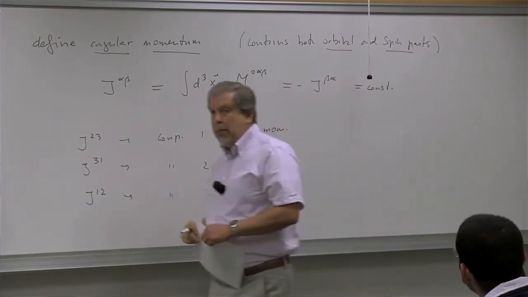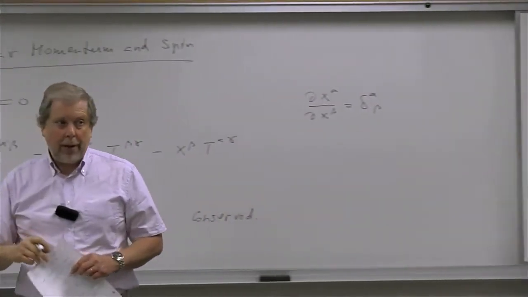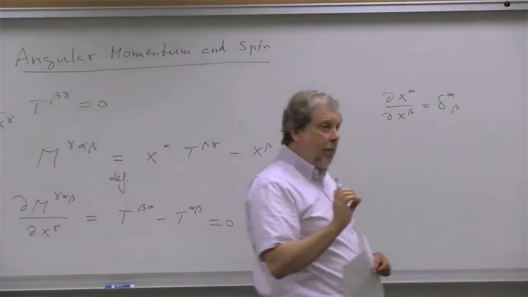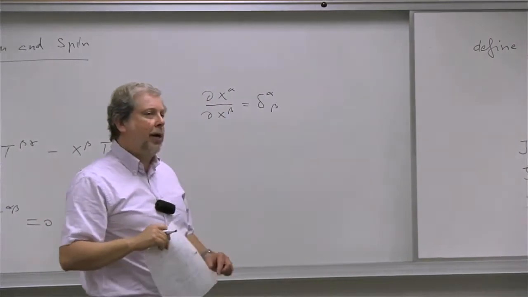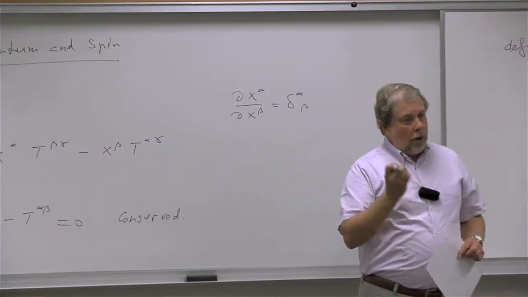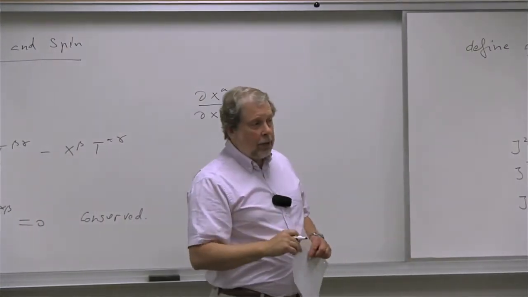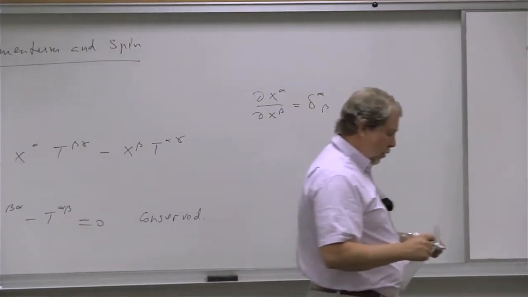So what is the orbital part and the spin part? Well, the orbital has to do with something going around in an orbit, like a particle. The spin part is the intrinsic part, like spin 1/2 for a quantum mechanical particle. The spin part does not depend on the choice of origin, but the orbital part does depend on the choice of origin and coordinate system.